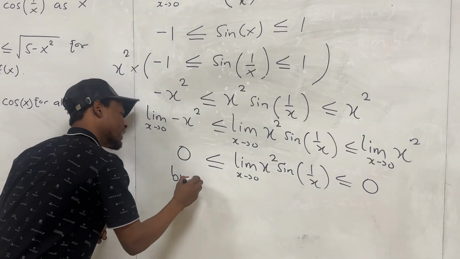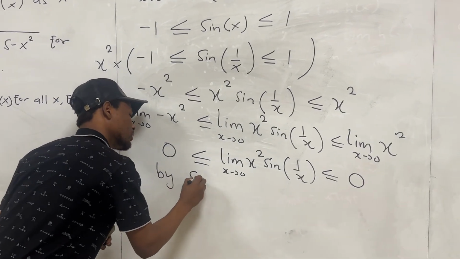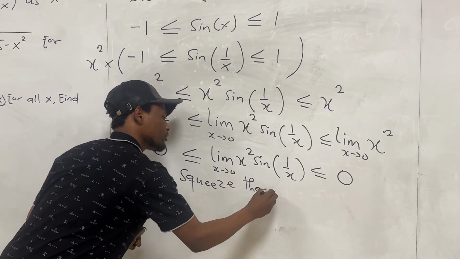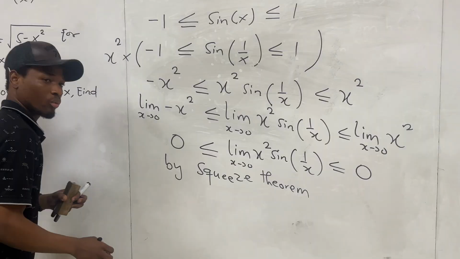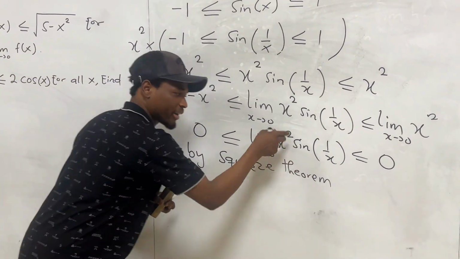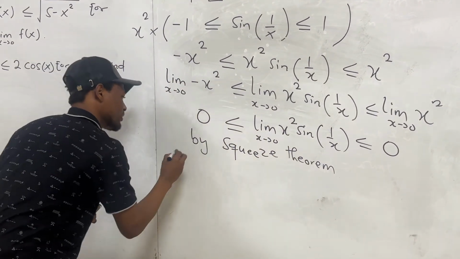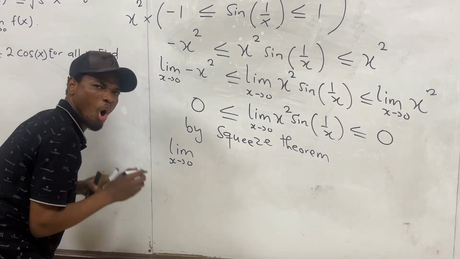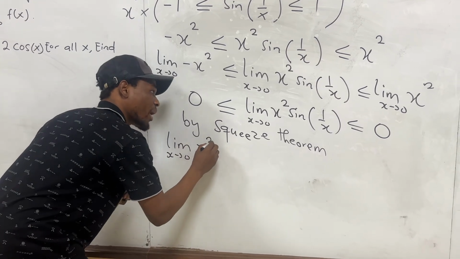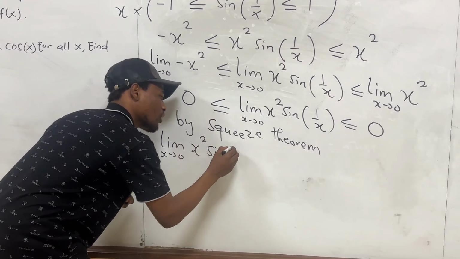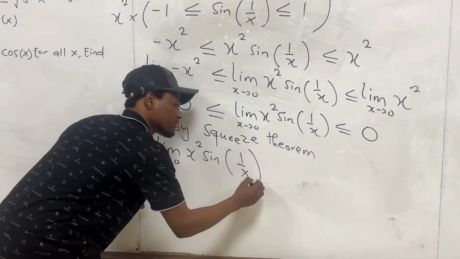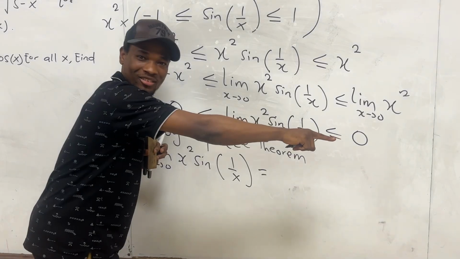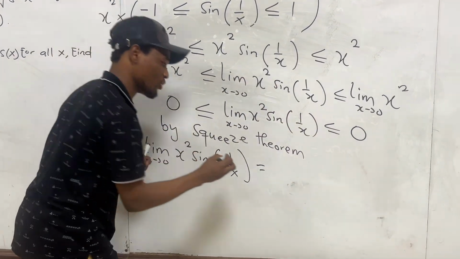By the squeeze theorem, we would say that the middle, the limit as x approaches 0 of x squared sine 1 over x, is equal to L, where L here is equal to 0.